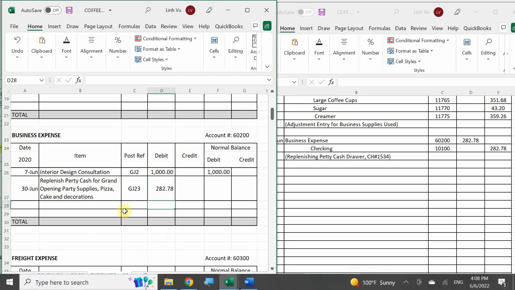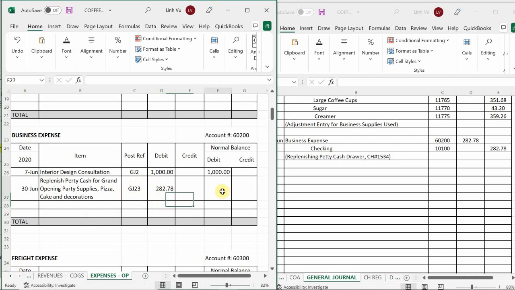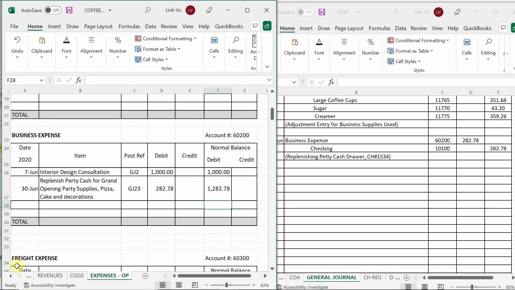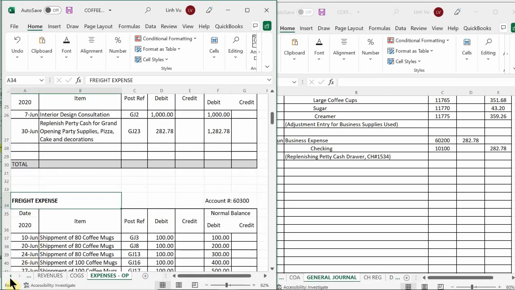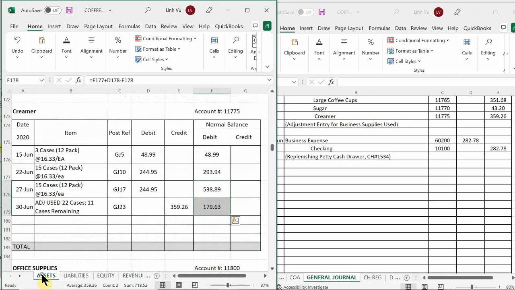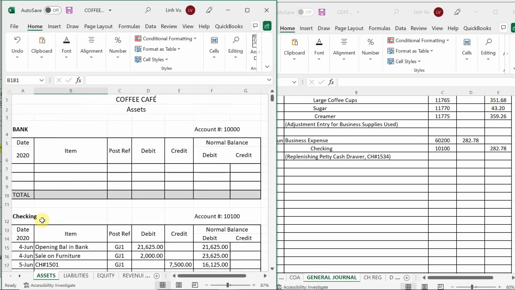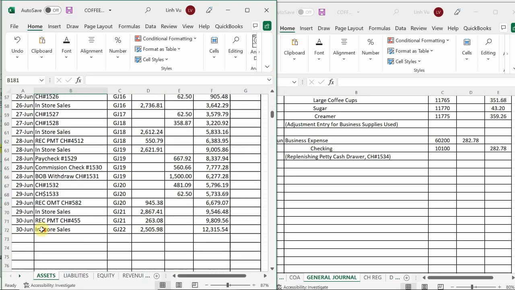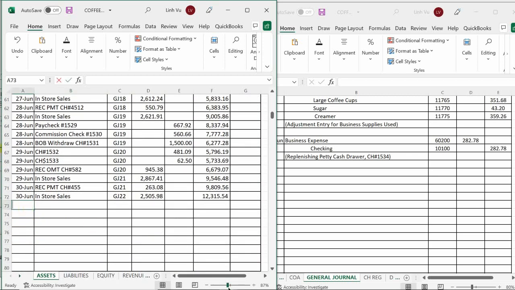So $282.78. In this case, grand total business supplies is going to be $1,282.78. And of course, I wrote a check, so that's going to 100% affect my checking account. So here we are in my checking account.